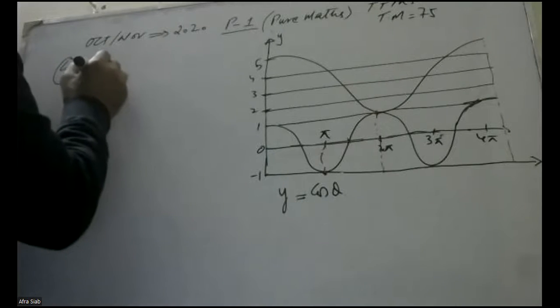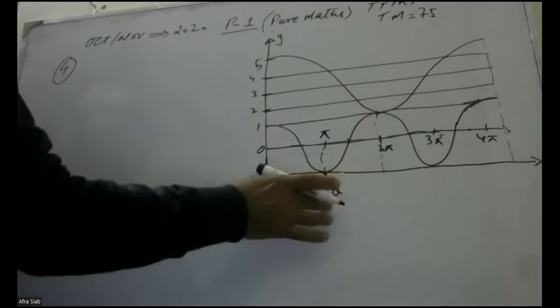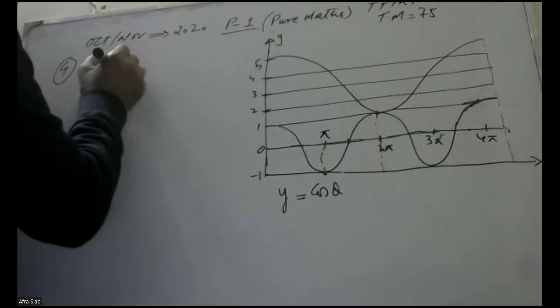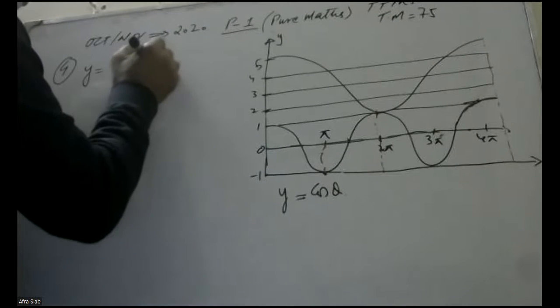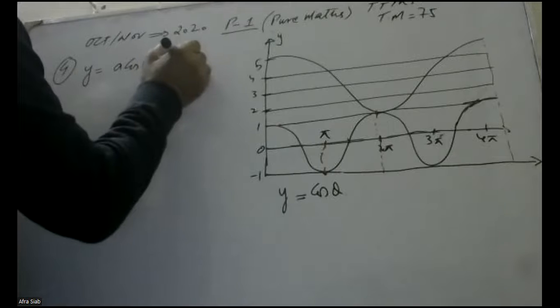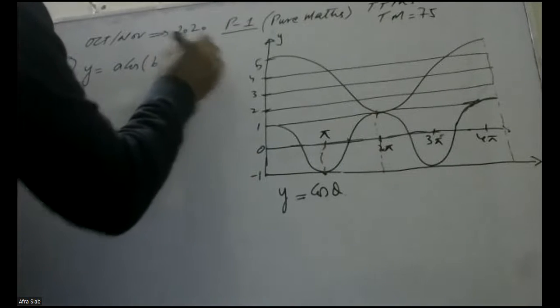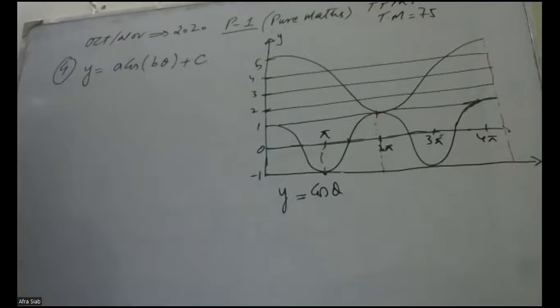So if we have, and this is the graph of cos theta, so we can write it as y is equal to a cos of b theta plus it is being translated upward, so we can write it as c there.